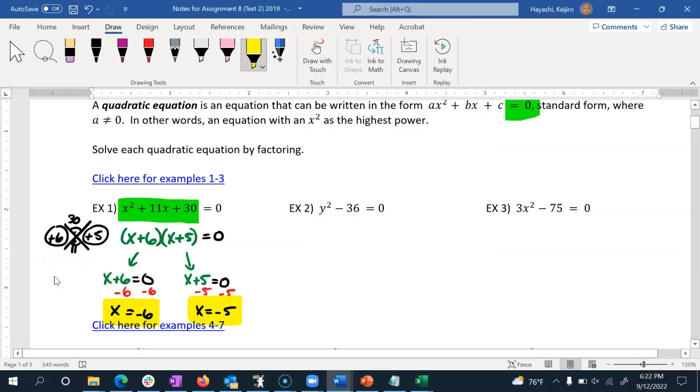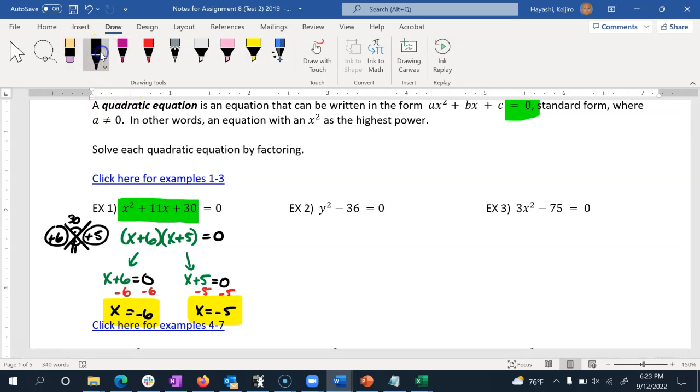Now, the reason that this has two solutions is because this is a quadratic equation. So in all the equations that you've seen so far, there's only been one solution, at most. Sometimes there's no solution, but that's because the equations you've been looking at so far have been linear.